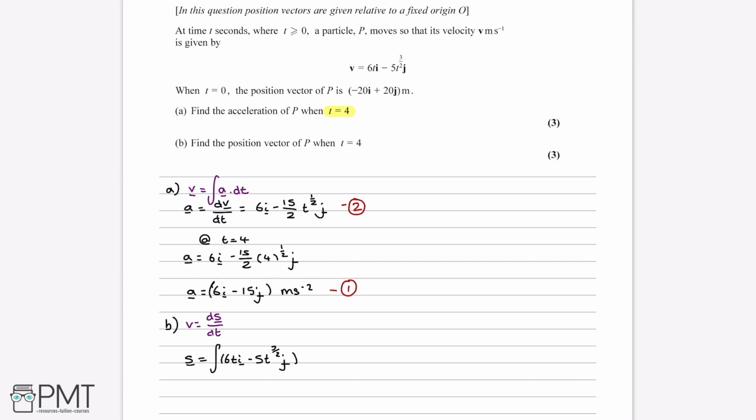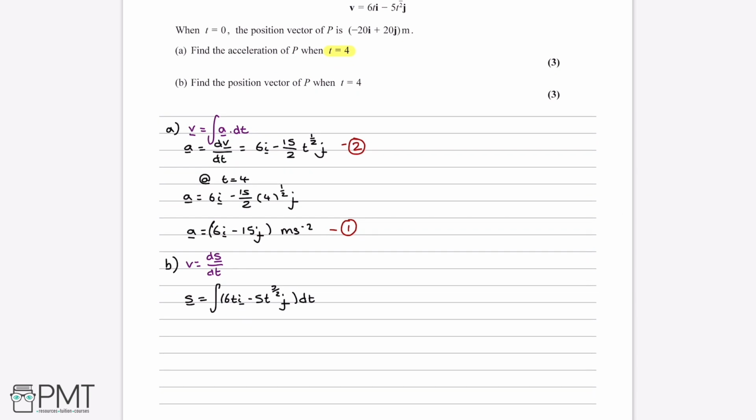And we would integrate this. When we integrate things to do with i and j, we leave the i and the j alone, just as we did for part A with the differentiation. For 6t, we add 1 onto the power and divide the 6 by it. So 6 divided by 2 is 3t squared i.